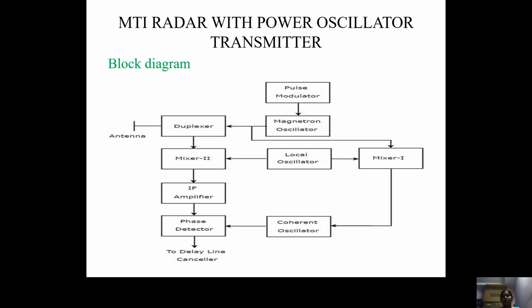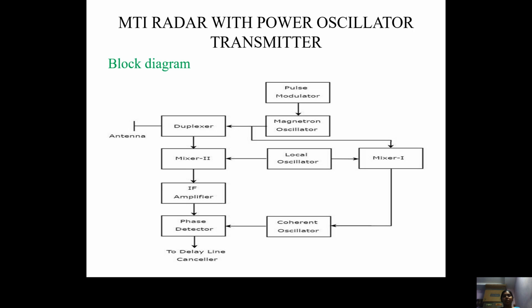The magnetron oscillator has a frequency the same as that of the intermediate frequency which is available in the receiver section. So FL and this value will be combined here. The output of the magnetron oscillator and the output of the local oscillator will be combined in mixer 1, which is nothing but FC plus or minus FL.